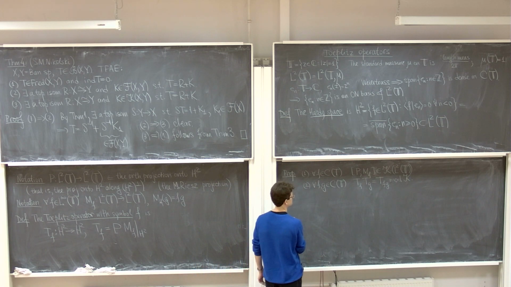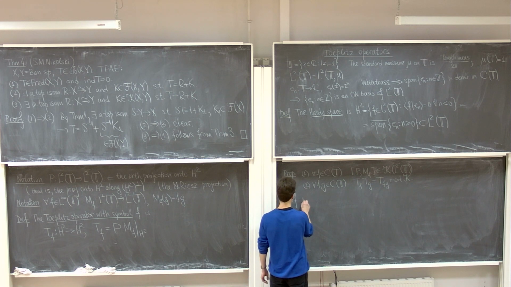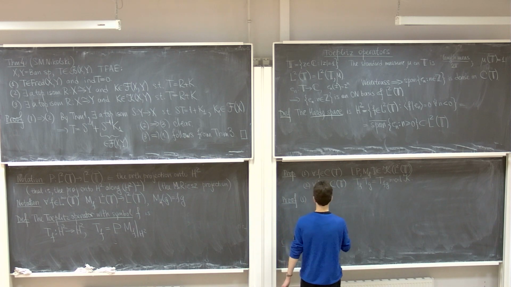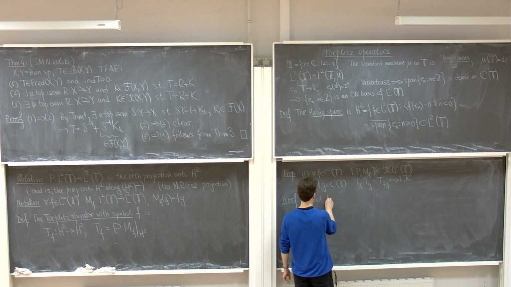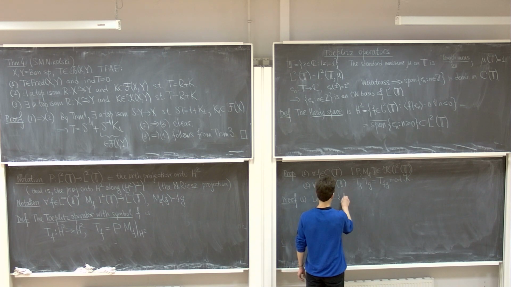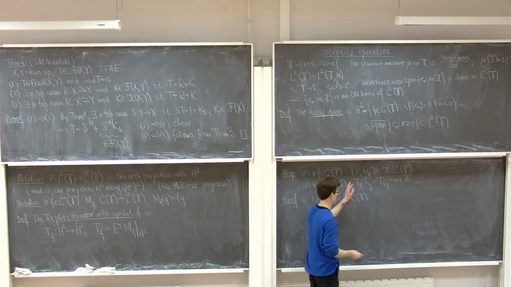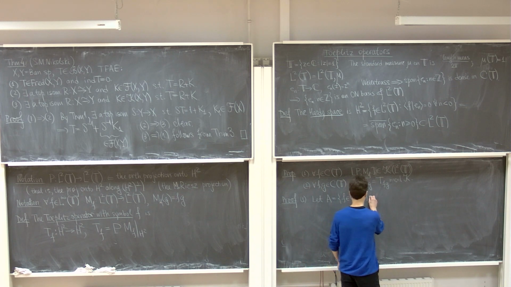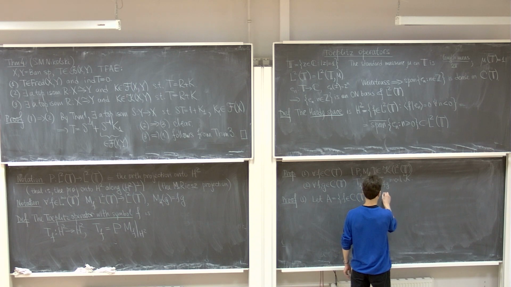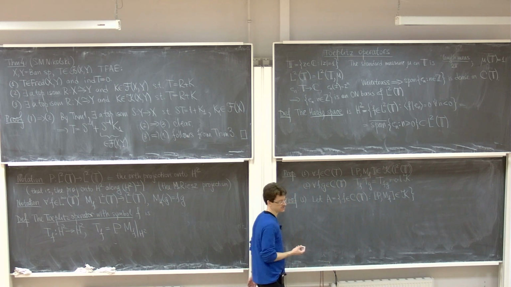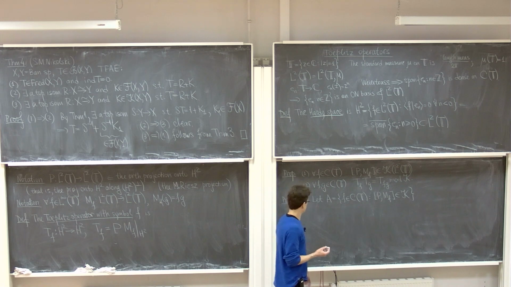Okay, to prove part one, we do the following trick. We denote by A the set of those continuous functions on the circle for which this commutator is compact. So we want to show that A actually equals C(T).